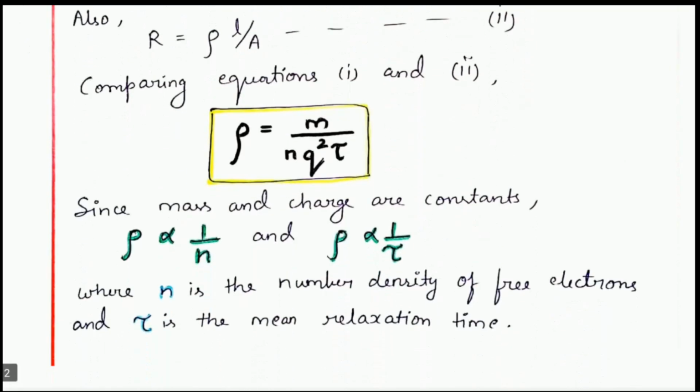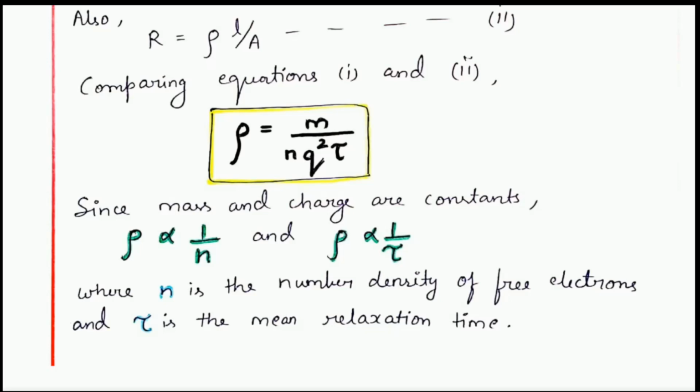Now, as m and q are constants, rho is directly proportional to 1 by n, that is, rho is inversely proportional to n, and rho is also inversely proportional to tau. So if you use a material whose number of free electrons is more, its resistivity will be less.